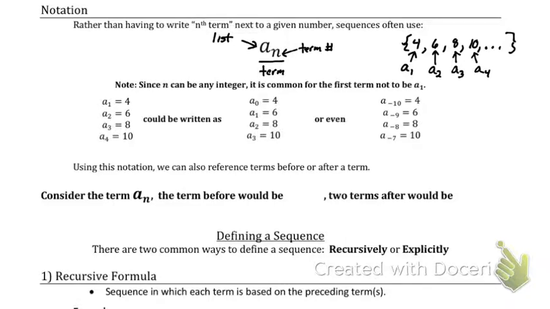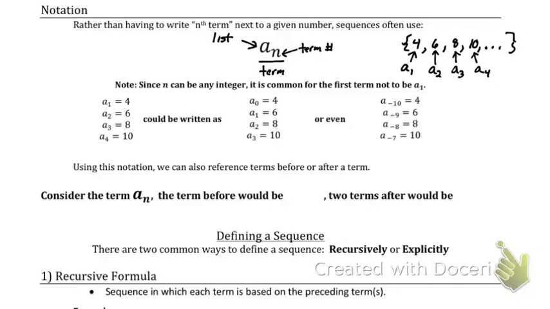Although I don't know what number it is or where it is, I can give you some information about the term before it. If I give you A sub 2 and ask you what's the term before it, you would say, well, that'd be A sub 1. If I gave you A sub 3 and ask you what's the term before it, you'd say, well, that's A sub 2. The term before it's always going to be 1 less.